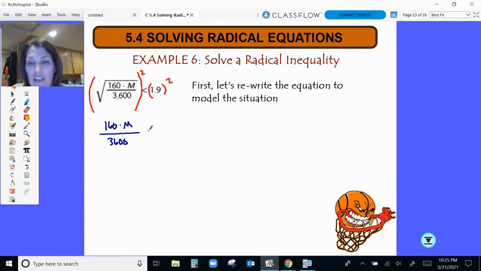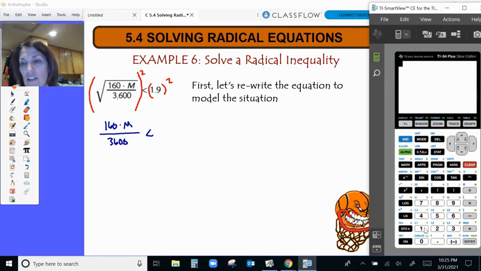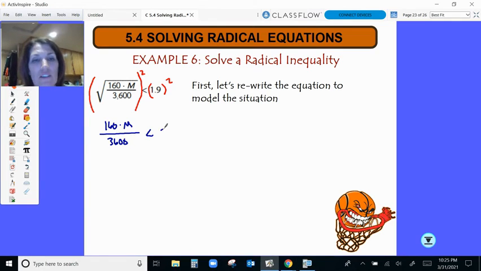It's got to be less than, now I get my little trusty calculator here, and we're just going to go 1.9 squared. That gives me 3.61. Okay, then I can go ahead and multiply both sides by 3600.